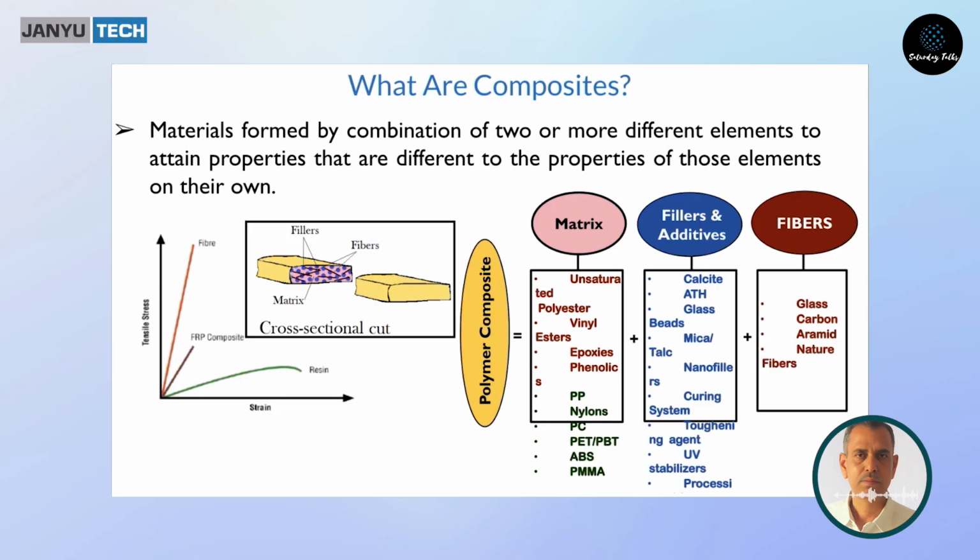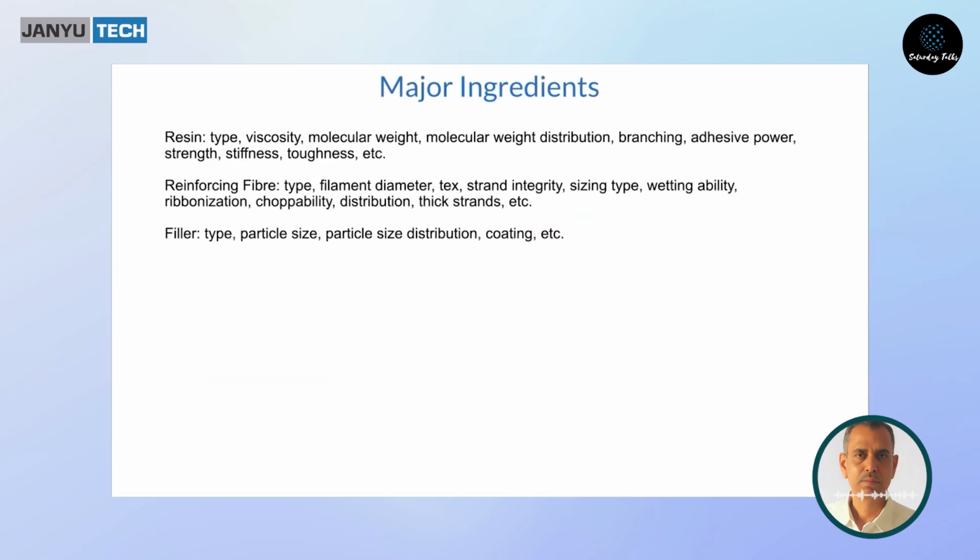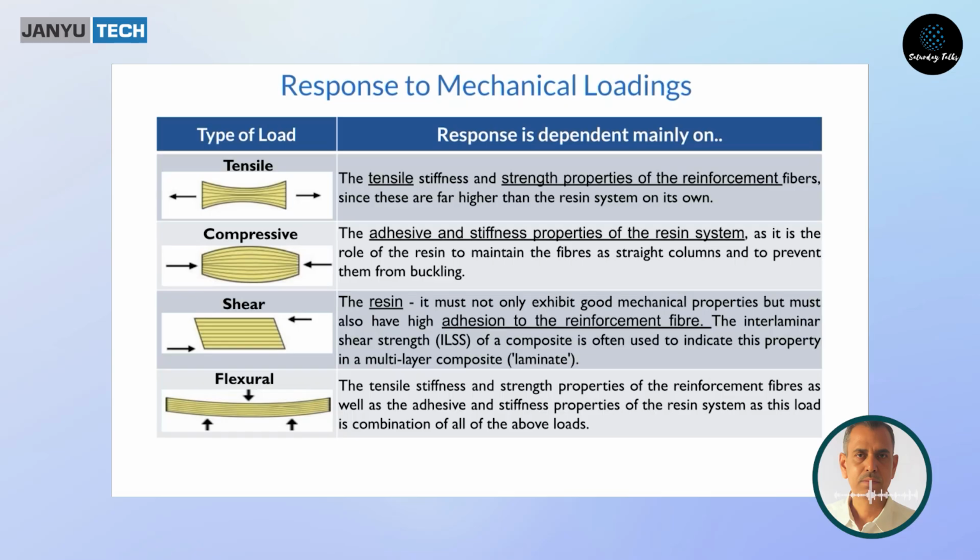The major raw materials play a role in forming a composite material, whether it is usable or not. We have made something, but whether a composite is formed or not, there are various ways of checking that.